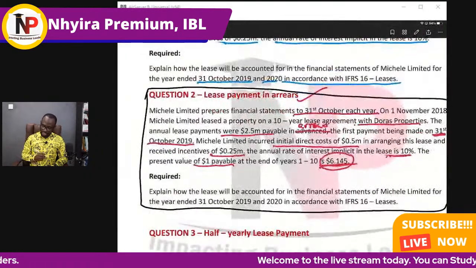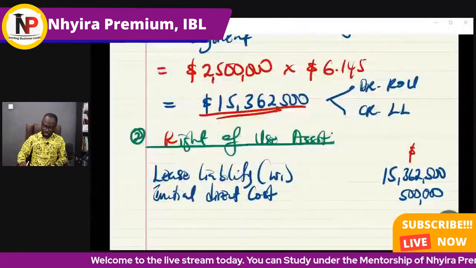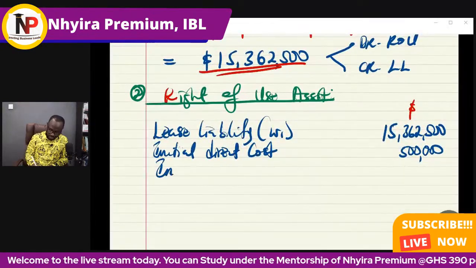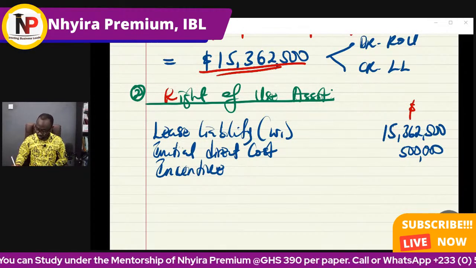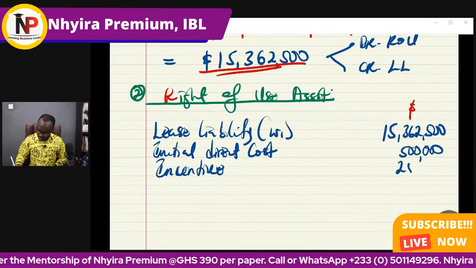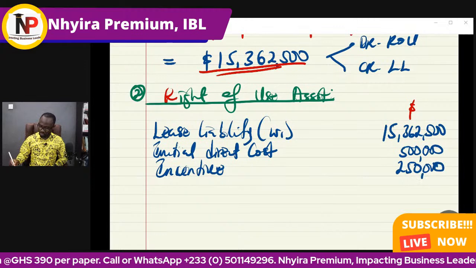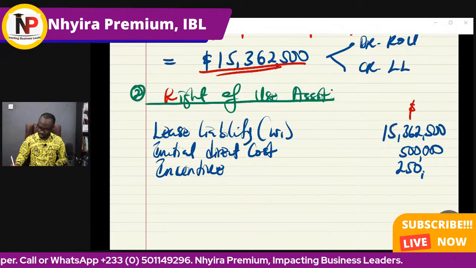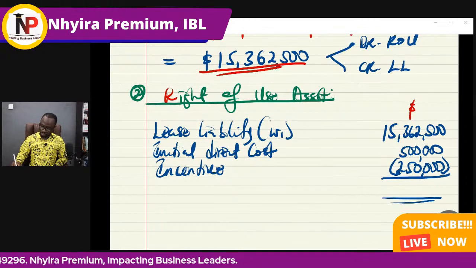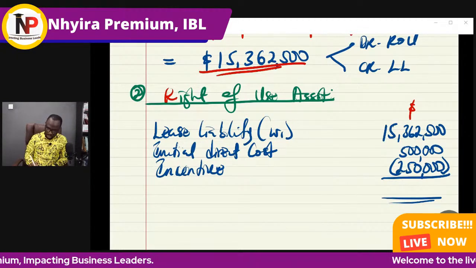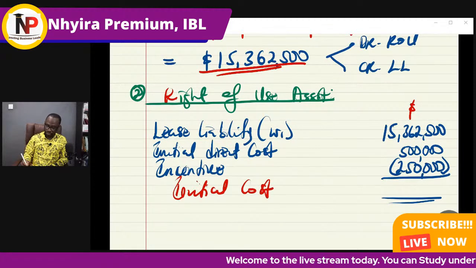Then there was an incentive, we got 250,000, so that is going to be less. So we take it out, and that becomes the initial cost of the right of use.